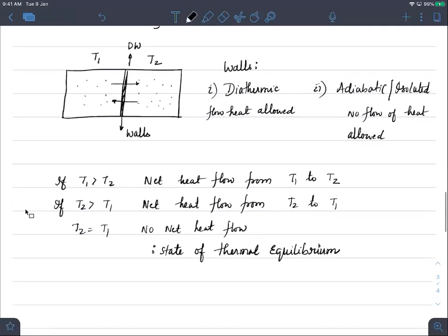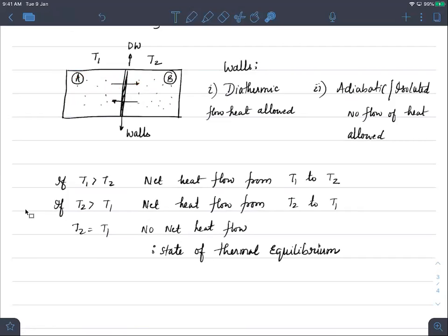And whenever we talk about the gaseous state, we always consider that it is under thermal equilibrium, which means if you say this particular side, the temperature at each and every point in this particular volume is the same. The temperature on this side is also at the same temperature. So if this is a container A and this is container B, within A, it is at thermal equilibrium.